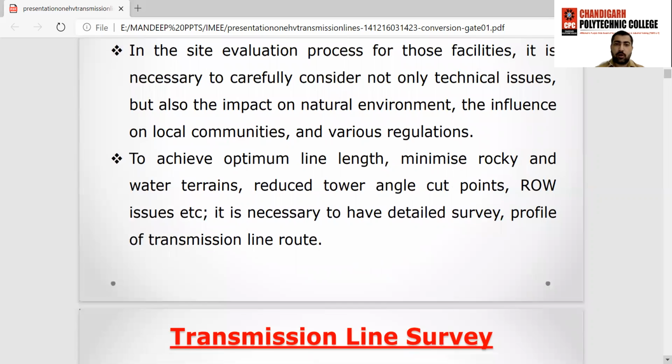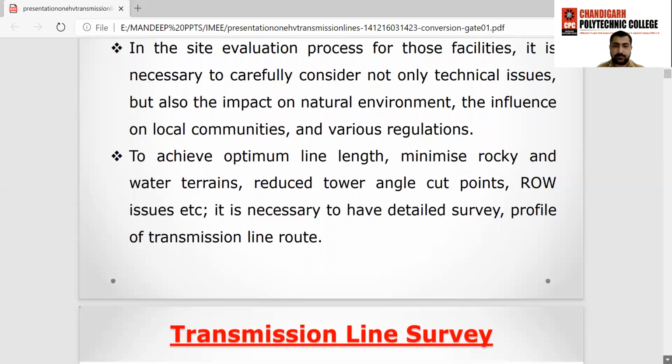To achieve optimum line length, minimize rocky and water drains, reduce tower angle cut points and row issues, it is necessary to have a detailed survey profile of transmission line routes.